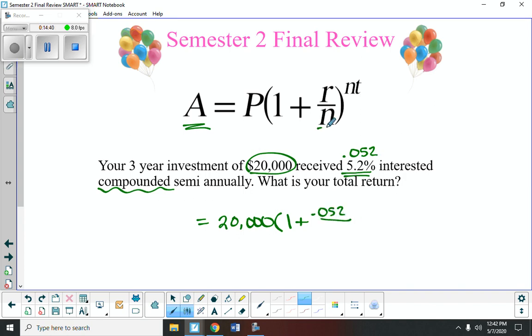And then n is the number of times per year you compound it. Semi-annually means twice. So n is 2, and then time, t, is 3 years you leave it in there for. Now right away, remember I said change that to a 6. So let's put this in our calculator.